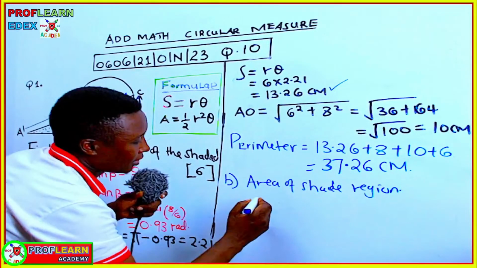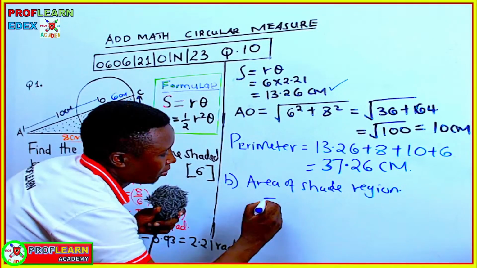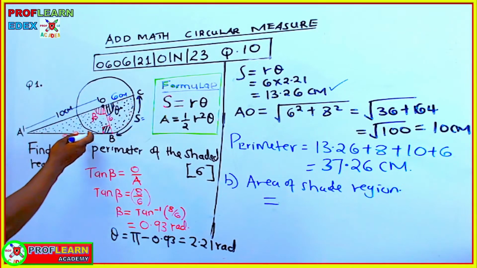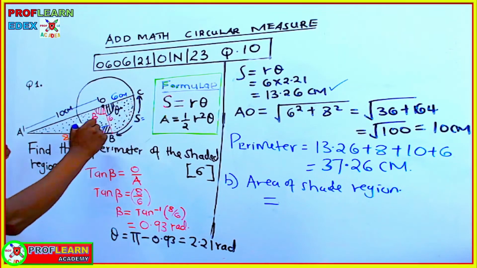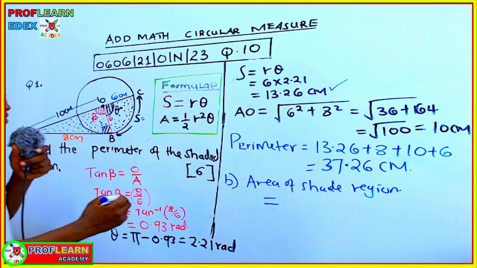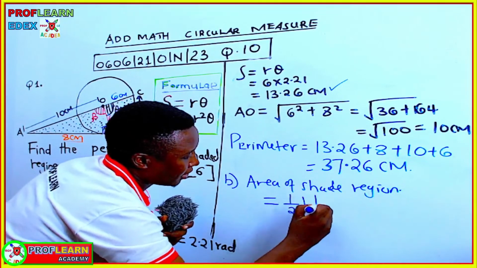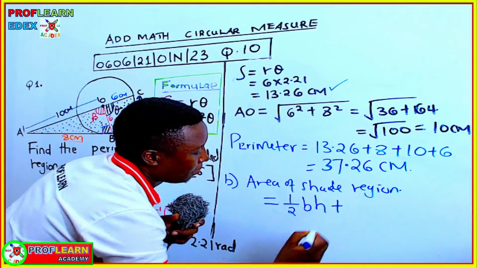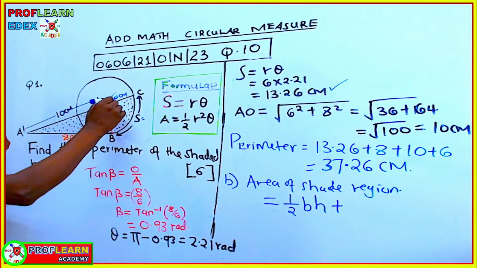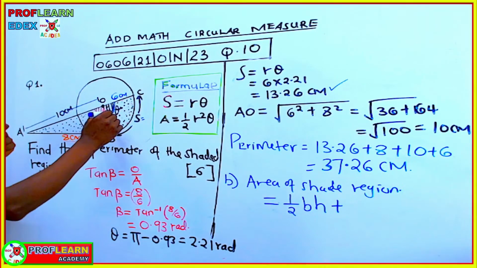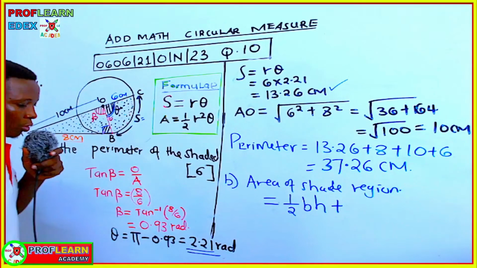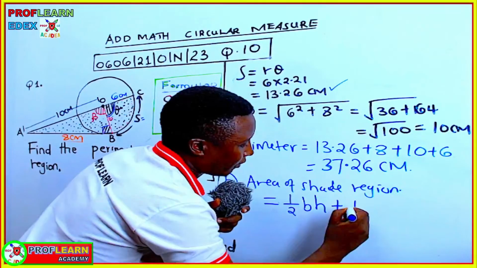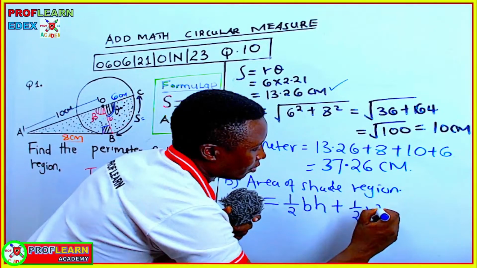But remember, area of the triangle is going to be a half base times height, because this is the base and this is the height. We have 90 degrees at this point. So a half base times height plus, I'll work out the area of this sector that we have in this part. The angle, we had gotten 2.21, so we're going to have a half r squared theta.